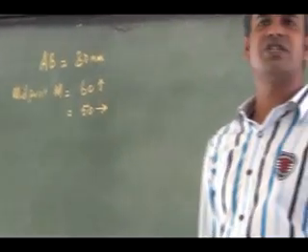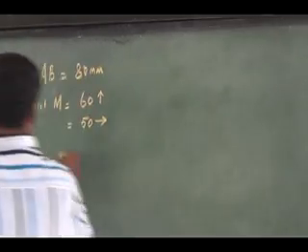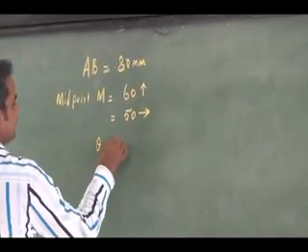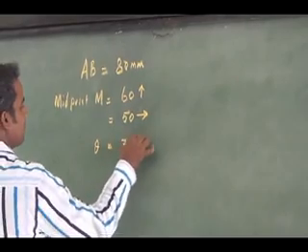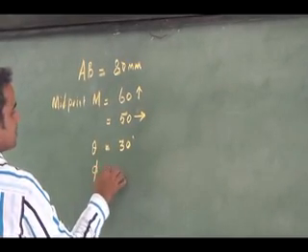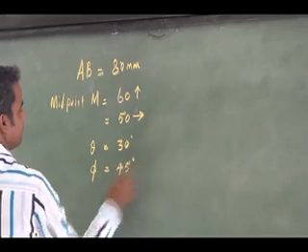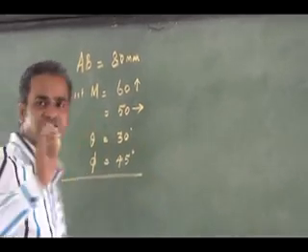Draw the projections of the line. So the line is inclined, theta is 30 degrees, phi is 45 degrees. You are just asked to draw the projection.